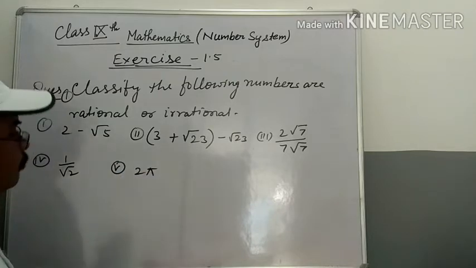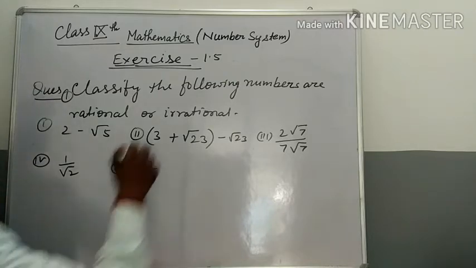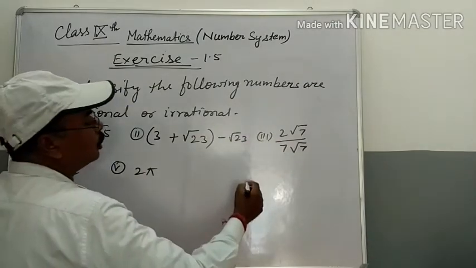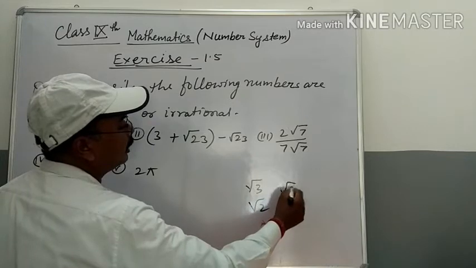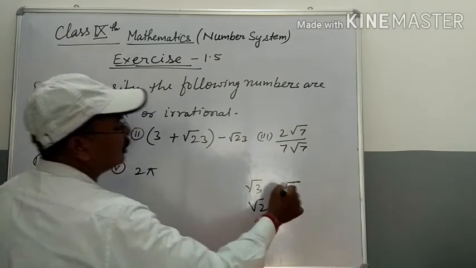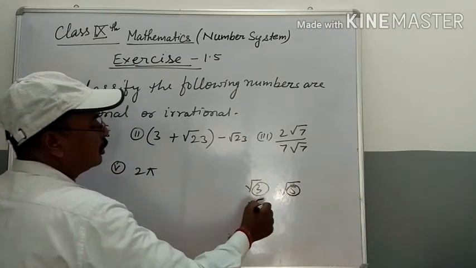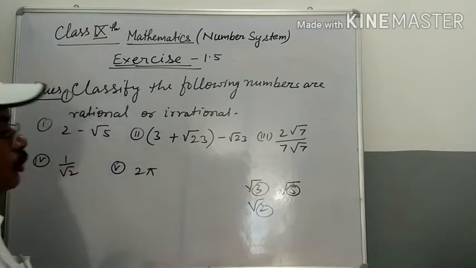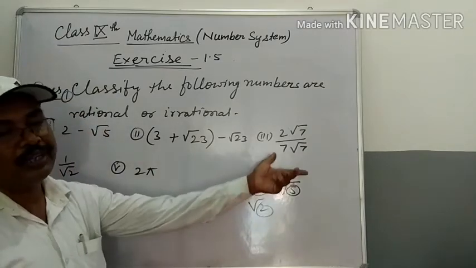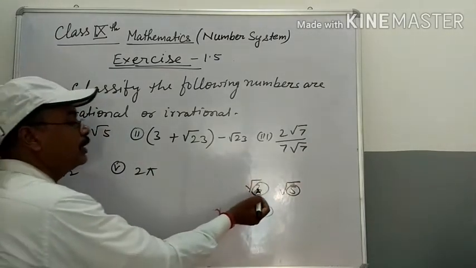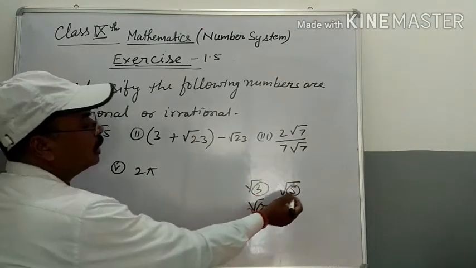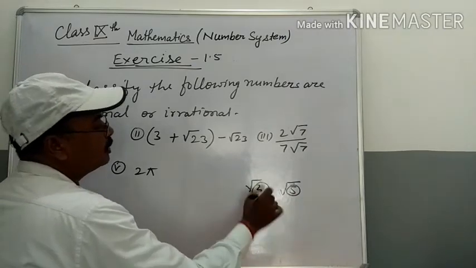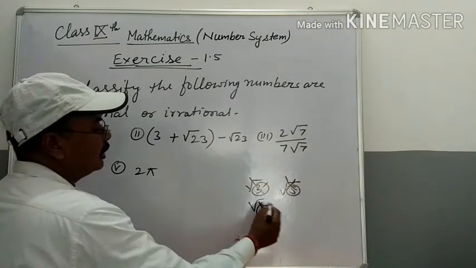Students, you can see, I have already told you about under root 3, under root 2, under root 5. These are positive integers 2, 3, 4, 5. But 3 is not a perfect square, it has no square root. It means that is an irrational number.